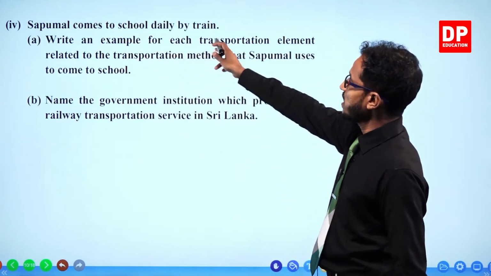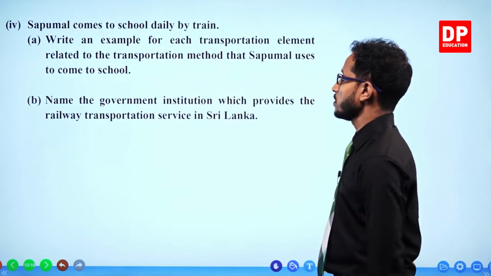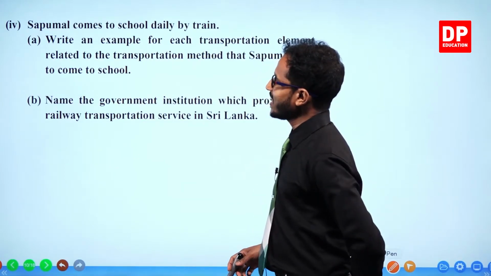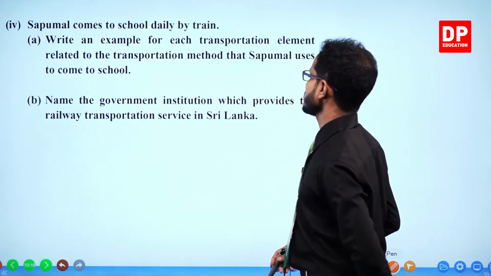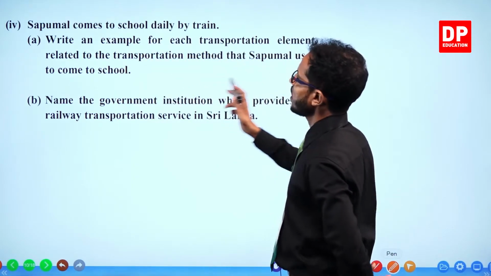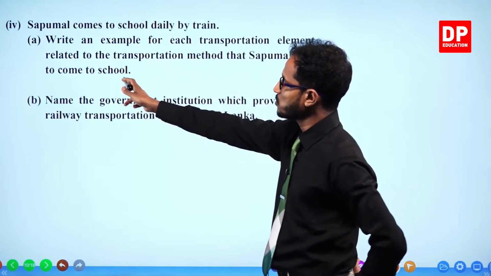Sapumal comes to school daily by train. It's a train passenger, Sapumal. Write an example for each transportation element related to the transportation method that Sapumal has used to come to school.